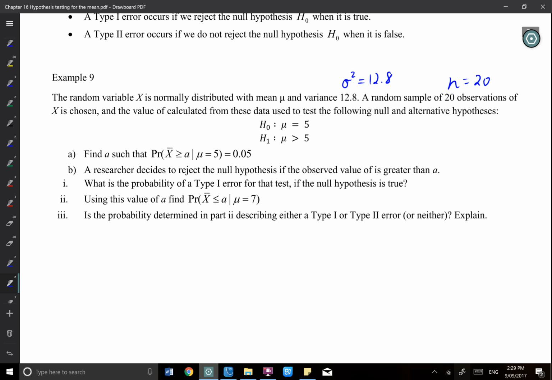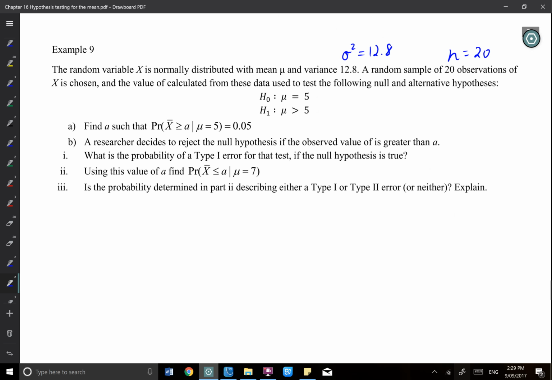So I want to find this on the x bar distribution. What is the x bar distribution? X bar is normally distributed with mean 5 and a standard deviation.